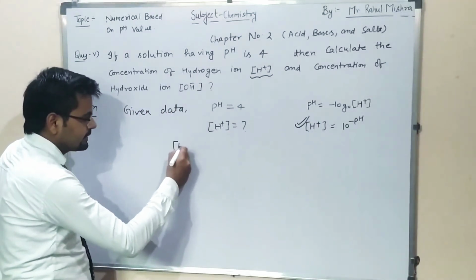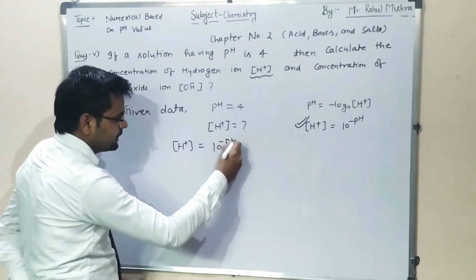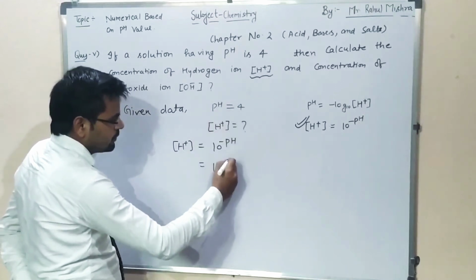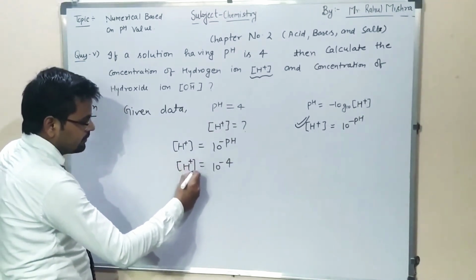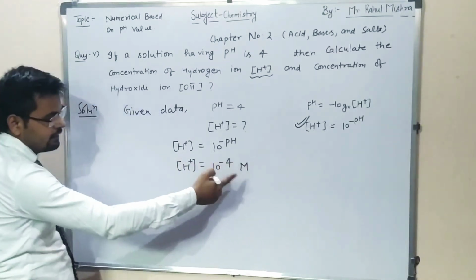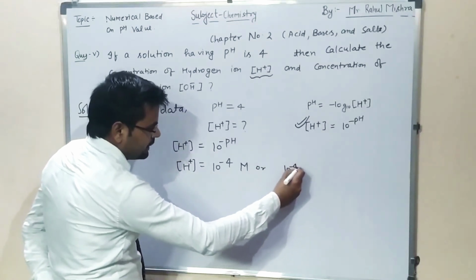So H ion concentration will be equal to 10 to the power minus pH, and it is equal to 10 to the power minus 4. So this will be the concentration of H ion, and it is capital M, or we can say it is 10 to the power minus 4.